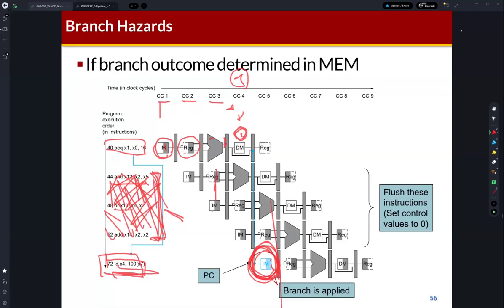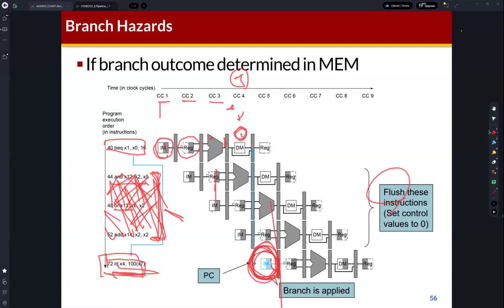So these instructions are all flushed, cancelled. It's called a pipeline flush. What is flushing? Flush means, like in a toilet, when we push the flush button, the toilet is flushed, right?